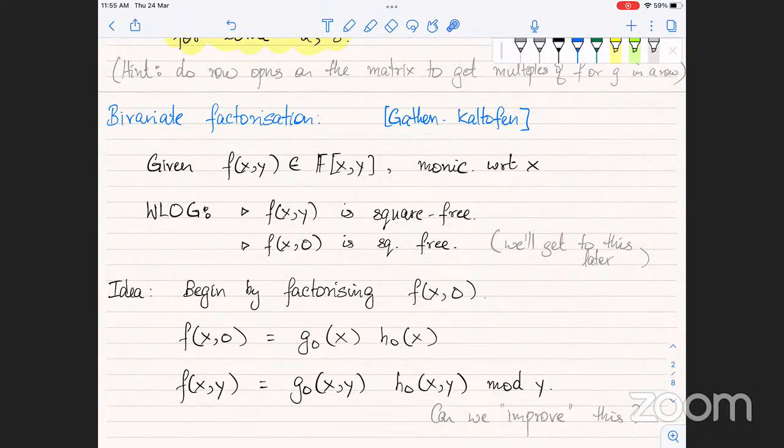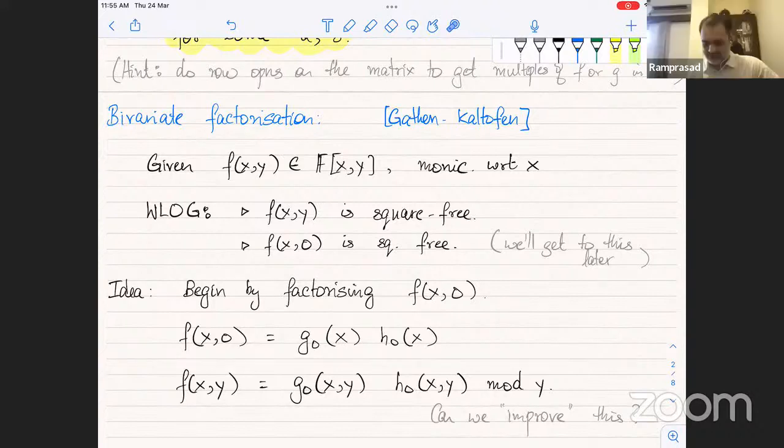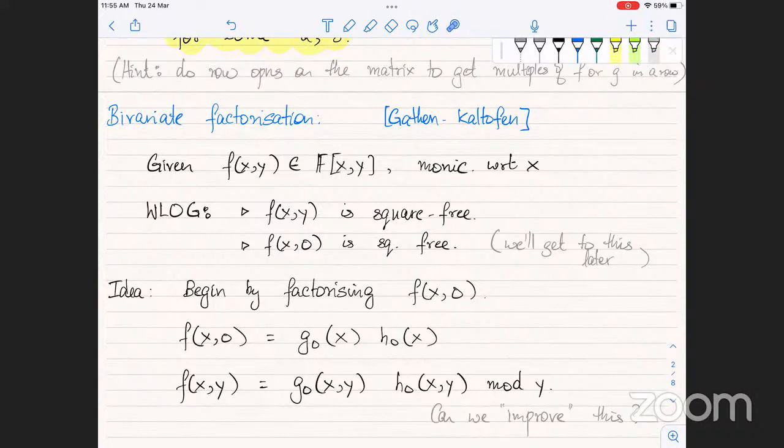Why do you require one of the variables to be monic? I guess it will become clear at a later point. So far it seems like it's not relevant, but it will hopefully soon become relevant, because there'll be points in the middle where I'll be using resultants and stuff like that. And for all of those situations, monic is good.